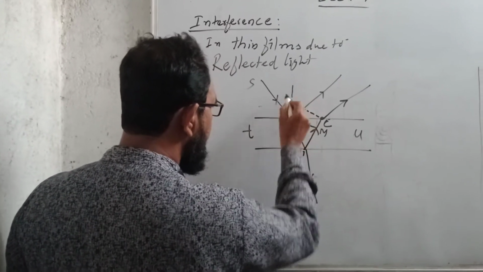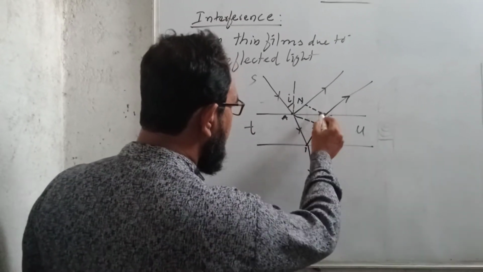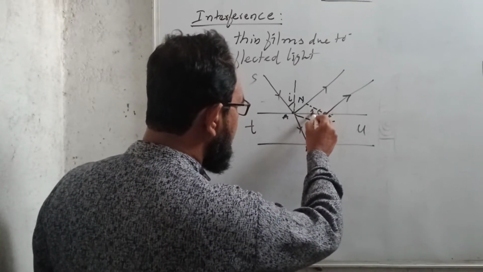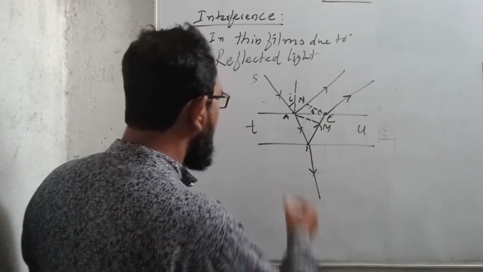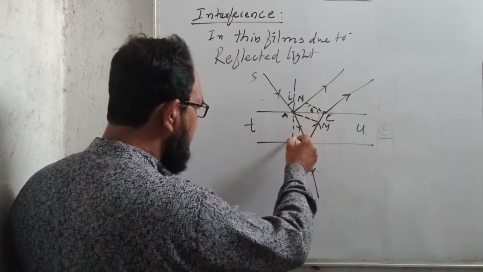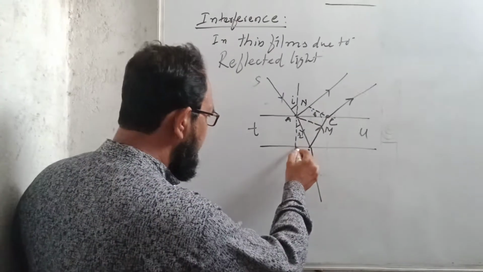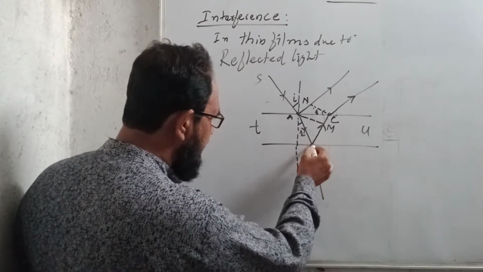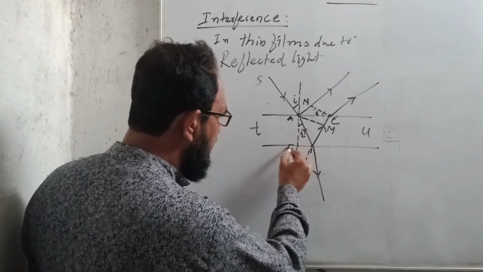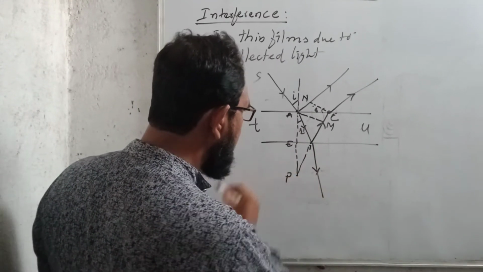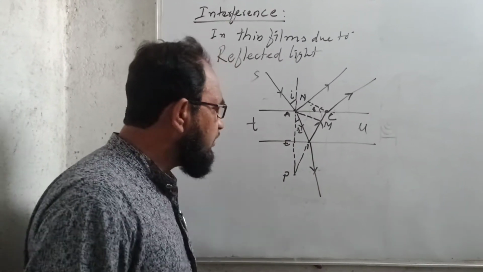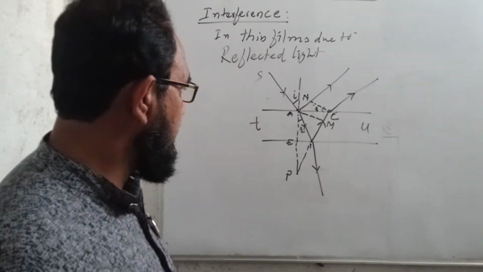This angle is the angle of incidence i, therefore automatically this angle becomes the angle of incidence i. Now this perpendicular will continue, and this angle is the angle of reflection. I will extend this and join this, so that this point becomes E and this point becomes P. Now see, this is the construction.